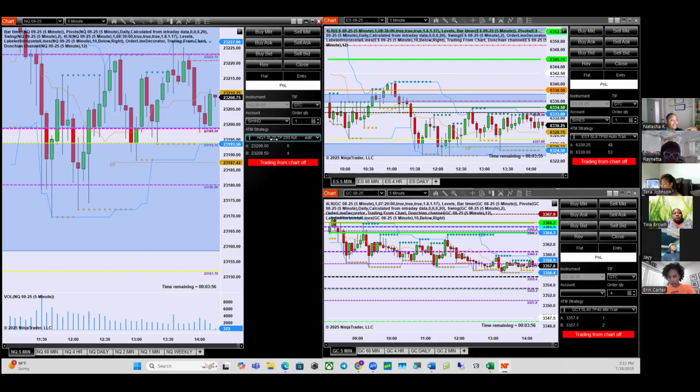If I multiply that by 5, because every tick on NQ is worth $5, that is a $125 stop loss. And then the TP is 200 ticks, so that is $1,000 TP because you do 200 times 5. So that's the first thing you have to figure out: what's your daily loss limit, and then how much are you willing to risk per trade.